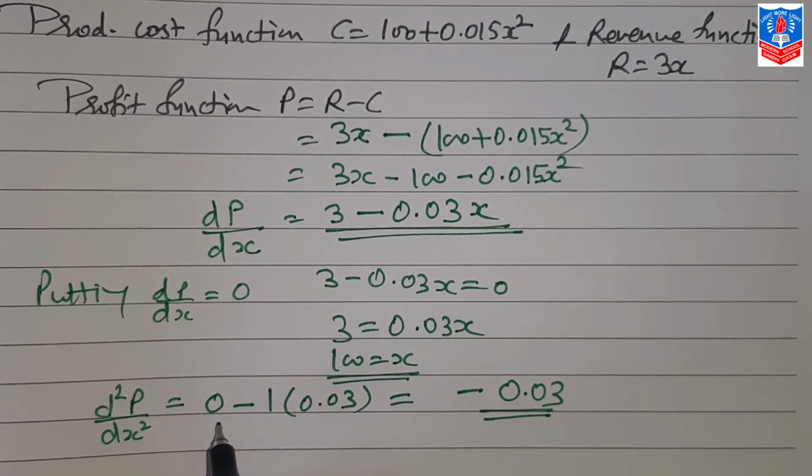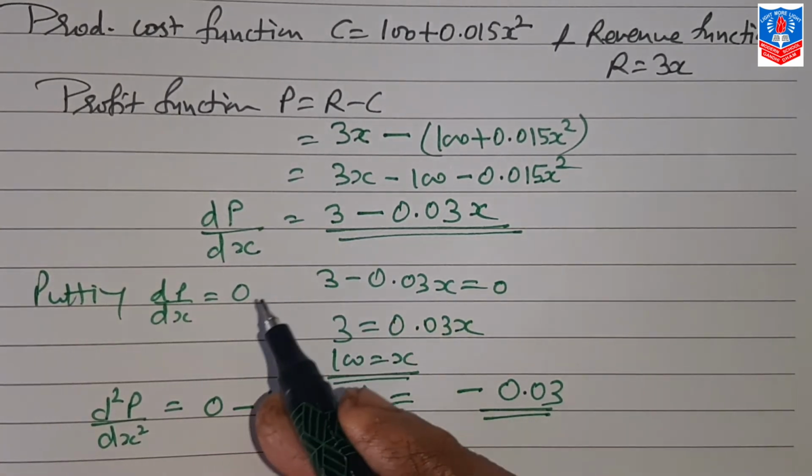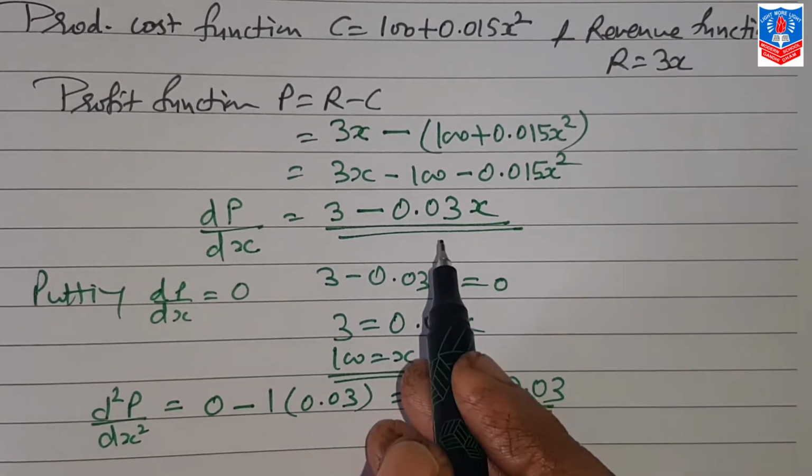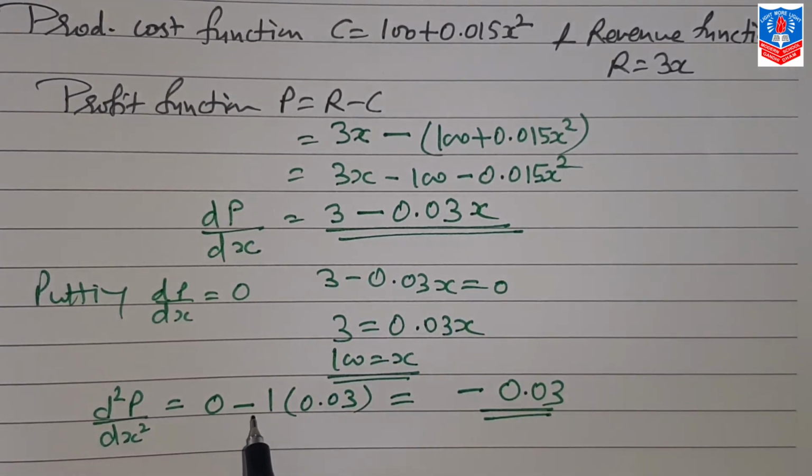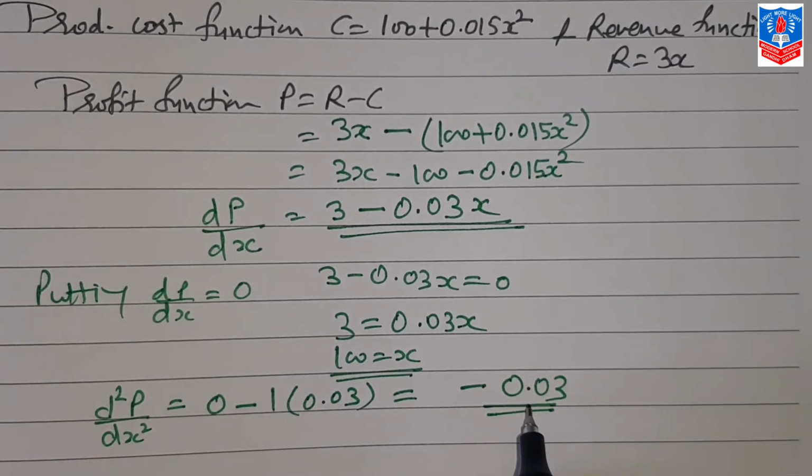Here intentionally I have written 0 because of this minus sign. Don't forget to write the minus sign. If you directly think of the 3 as 0 and ignore the minus sign, that will be completely wrong. That is why I have written here minus 1 into 0.03, which is minus 0.03.